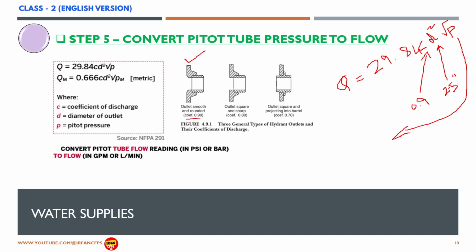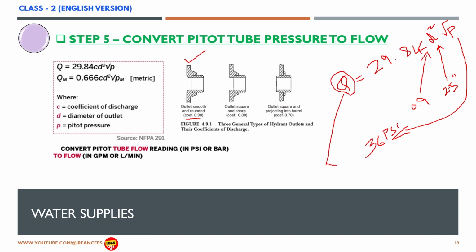Let's take, for example, pitot tube pressure reads 36 psi. Now we have all the three things which we need to calculate the flow.